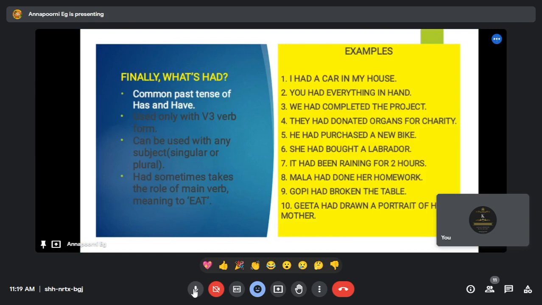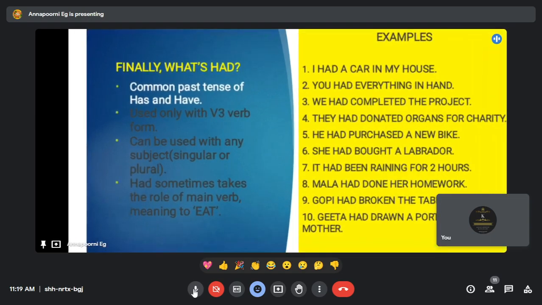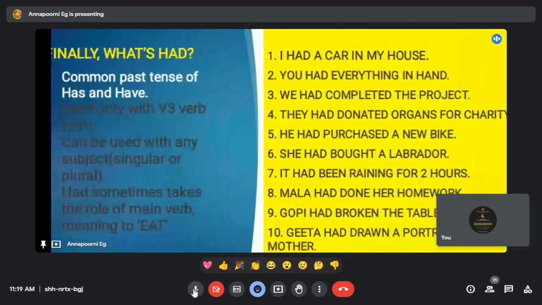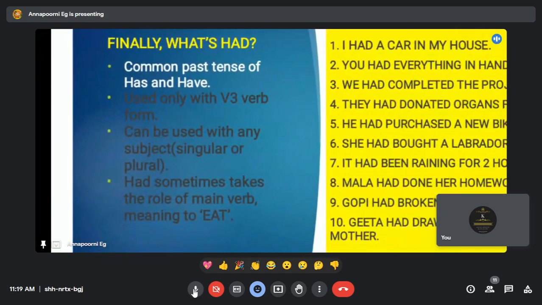And finally, we are now moving to had. For had, I will be reading the definition because it's a little bit unclear, so you can just listen. What is had? Had is the common past tense of has and have. Had is also used only with the V3 form of verb. It can be used with any subject, singular or plural.